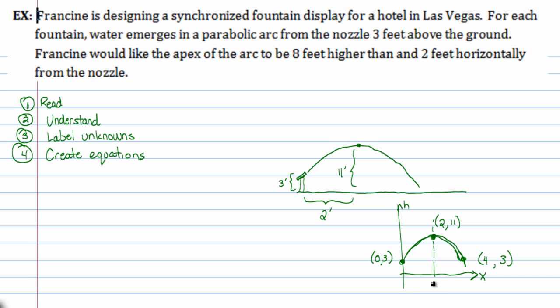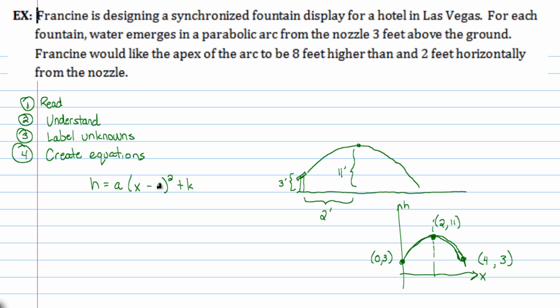I'll tell you, it's a little bit faster actually to use the vertex form of a parabola here. Remember, the vertex form of a parabola is h equals, I can't use h actually, well, h is equal to a times x minus, we'll use the letter r, squared plus k.